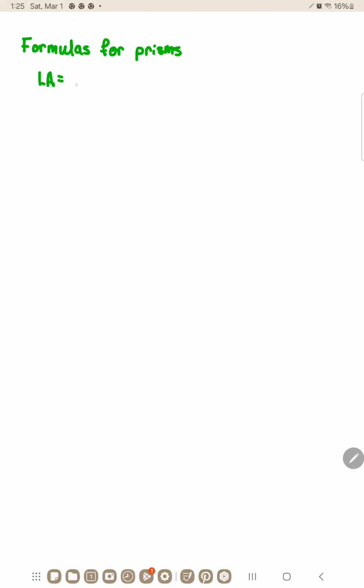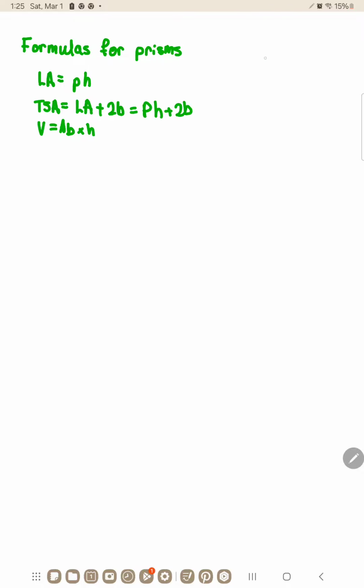It's equal to perimeter times height. Then we have total surface area, which is equal to lateral area plus 2b, or you could rewrite it as ph plus 2 base. And the volume is equal to area of base times height. I'm just gonna write area to avoid confusion.